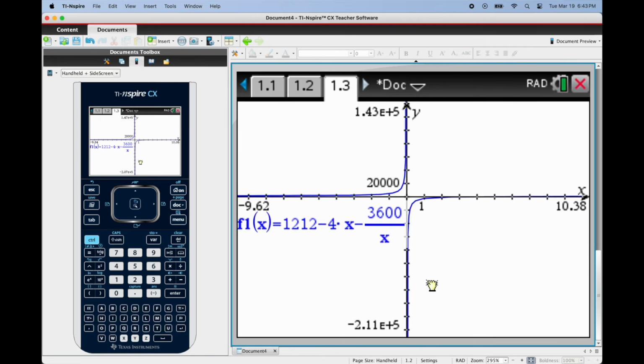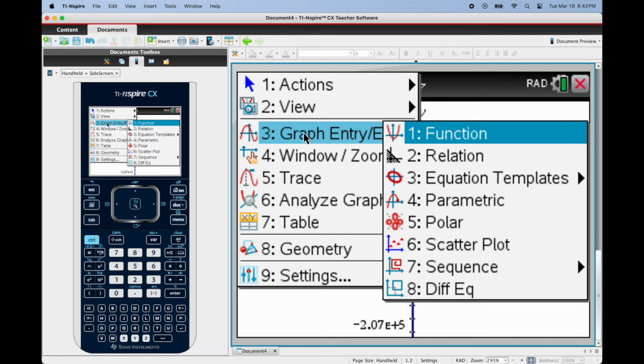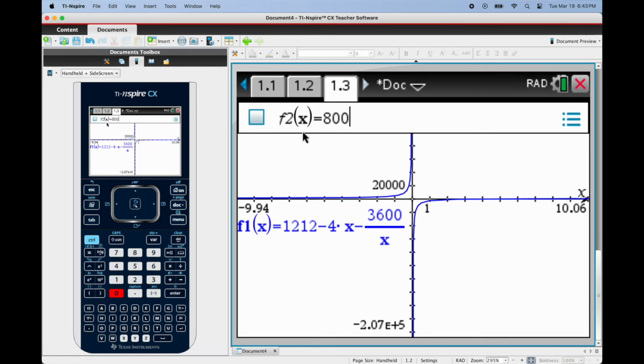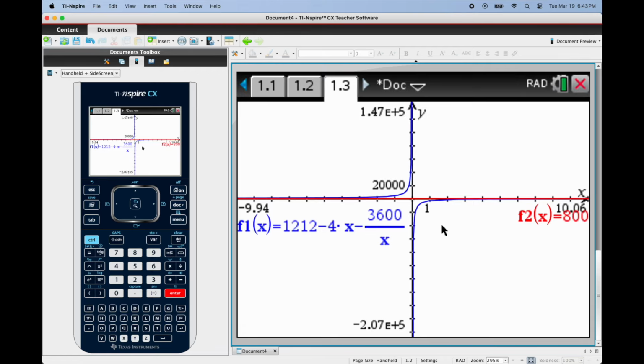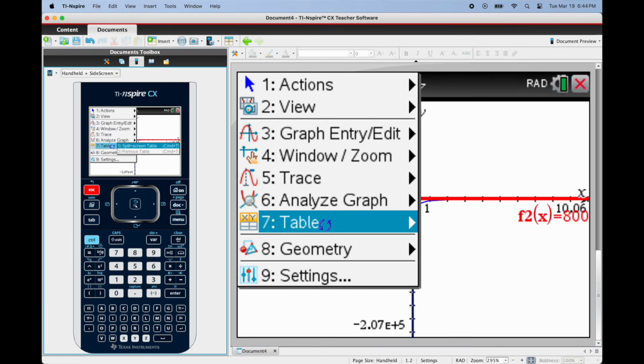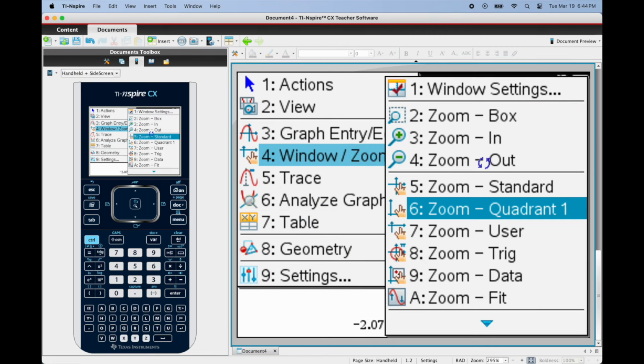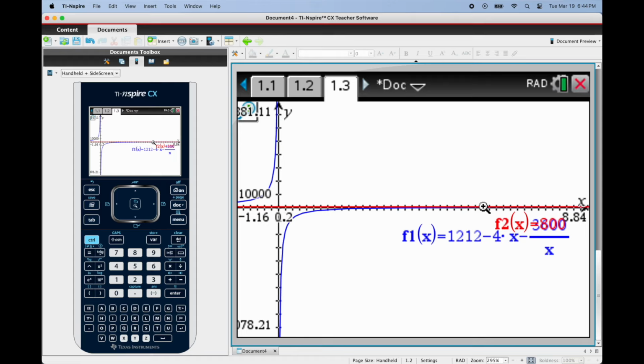Okay, there's our function. And if we add another graph of 800, let's zoom in on some area. Window zoom. This is a rather strange cursor.